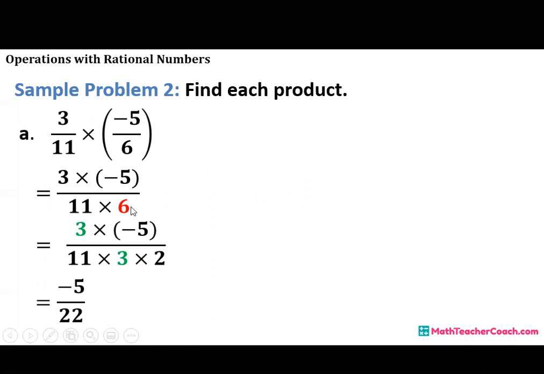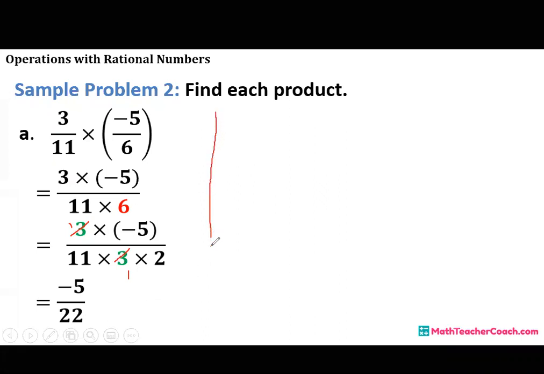Now, we can note that we can change 6 into 3 times 2, right? Then we can cancel 3 divided by 3, it will be equal 1, and 3 divided by 3, it will be equal 1. Then 1 times negative 5 will be equal negative 5, and 11 times 2 equals 22.